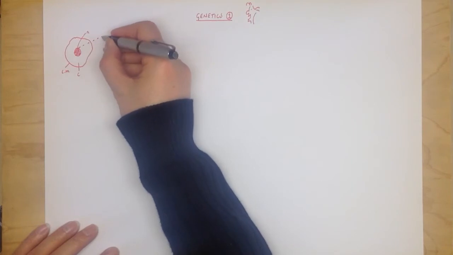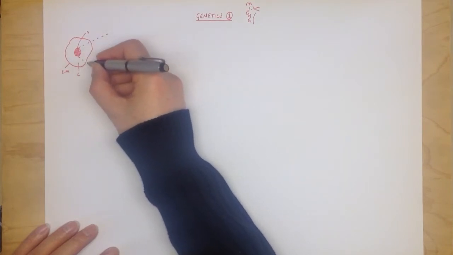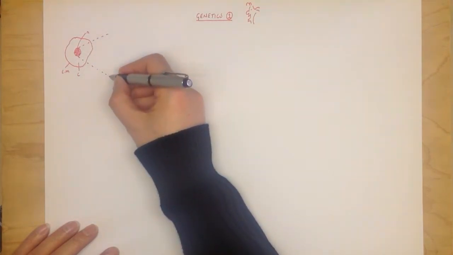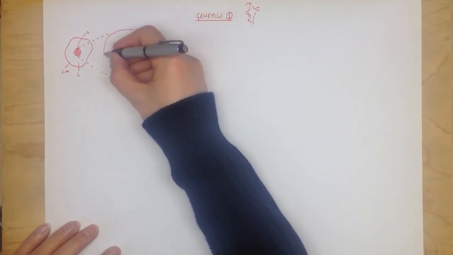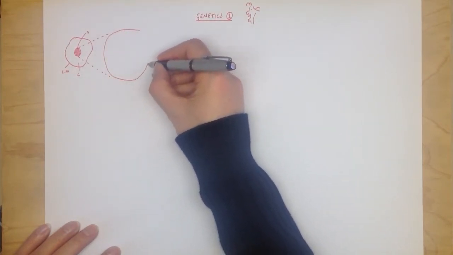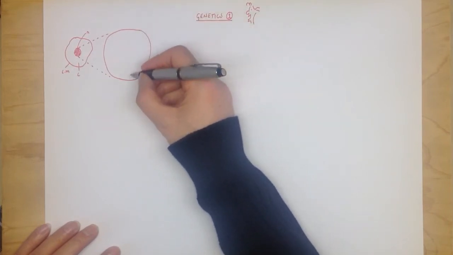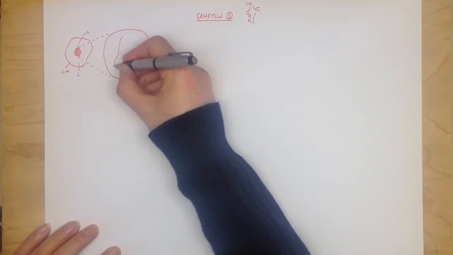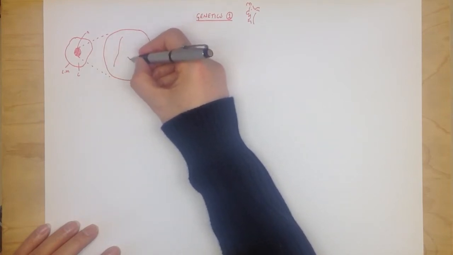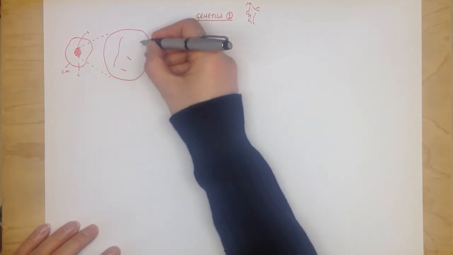If we just enlarge that nucleus so that we can draw it slightly bigger, there's the nuclear membrane. Inside the nucleus, at various points of the cell cycle, you can find lengths of DNA called chromosomes.